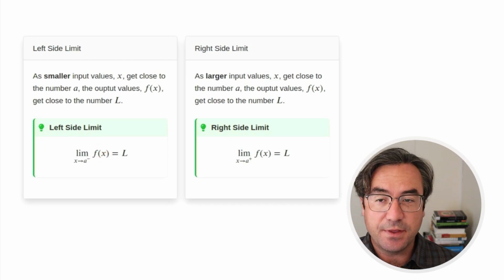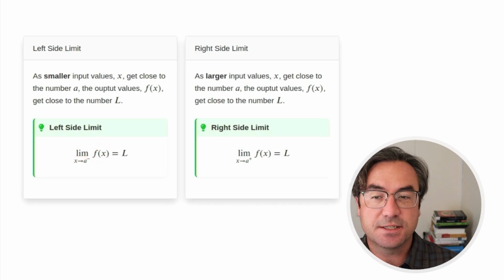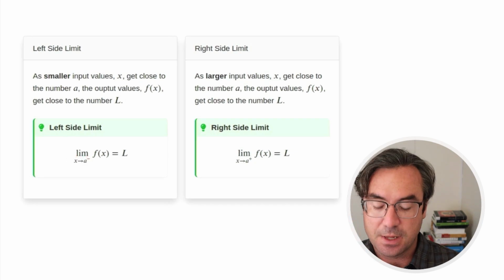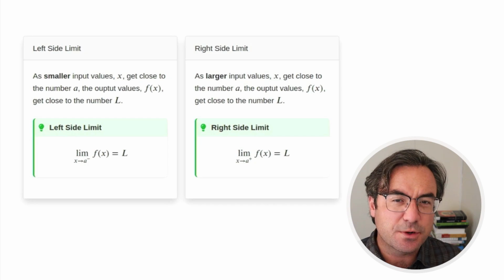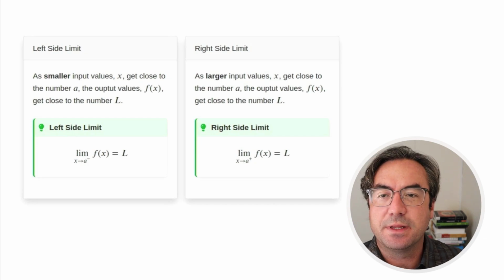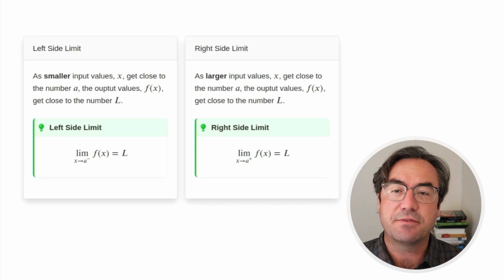The way we read this is the limit of our function f of x as x approaches a. And we have this little minus sign here, and that's to indicate that we're getting closer and closer to a, but we're a little bit smaller, a little bit less. So the minus sign here is for our left-hand limit.